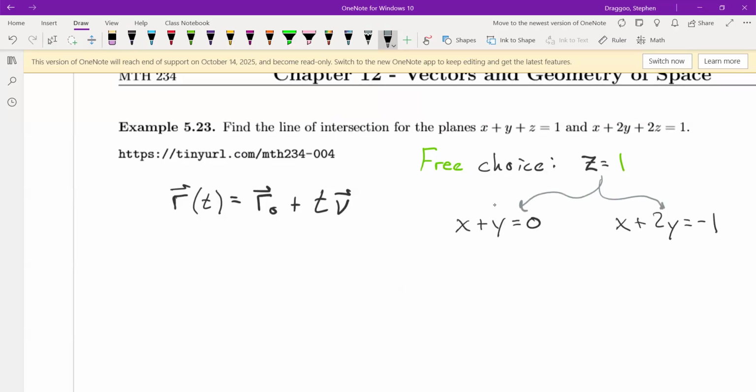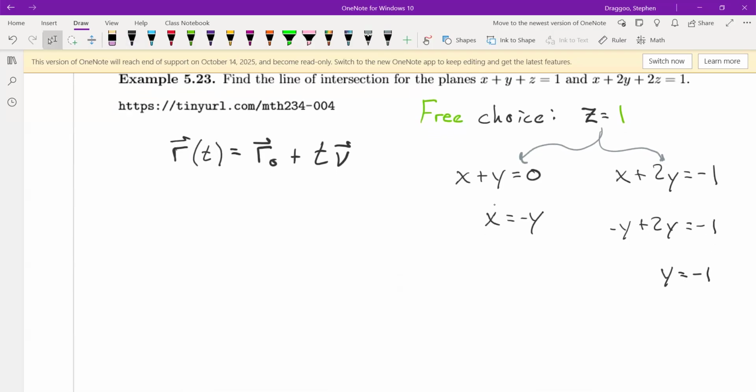So from here, how about I solve this thing for x first? X is equal to negative y. Substitute that into the other side. So negative y plus 2y equals negative 1, which means y is negative 1. Bring that back around. If y is negative 1, that means x is positive 1.